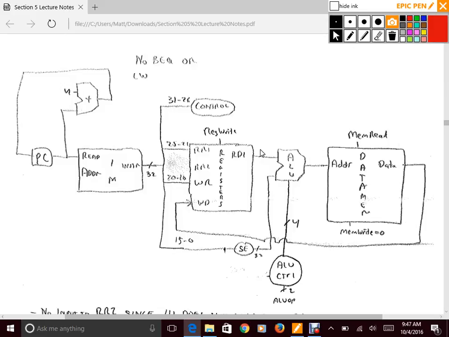So somebody asked me in the last lecture, why don't I have all the lines? You can technically do that if you really wanted to. You could go reg write, memory, right. See, that's kind of becoming a pain in the butt really quick there.